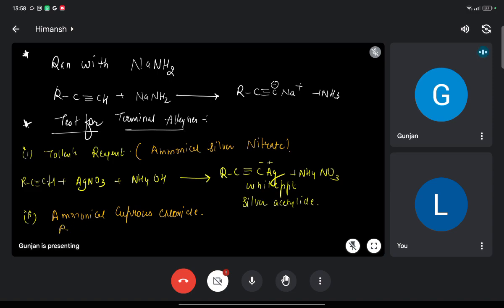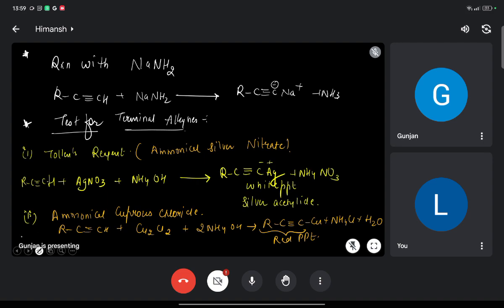So RC triple bond CCu plus ammonium chloride plus H2O. So here we are getting a red precipitate. Are you getting it? Yes, ma'am, getting.